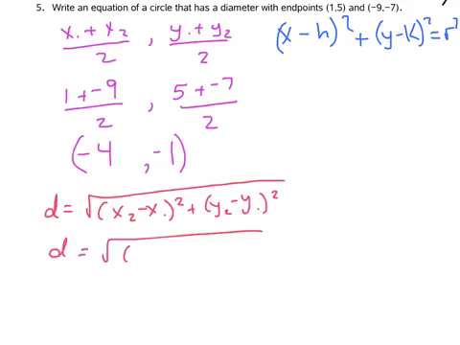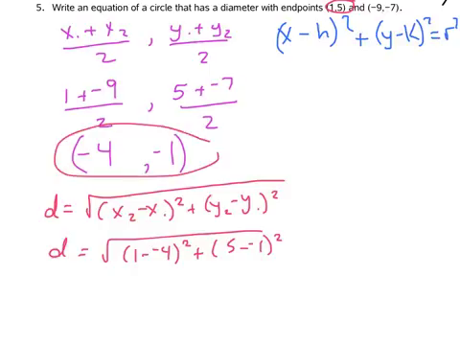So that'll be, I'll just use this point, 1 minus negative 4 quantity squared plus 5 minus negative 1 quantity squared. So again, I'm using the distance formula with these 2 points that are circled in red to find the radius.